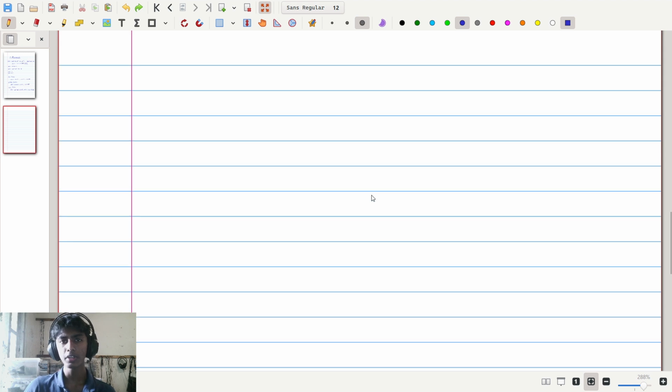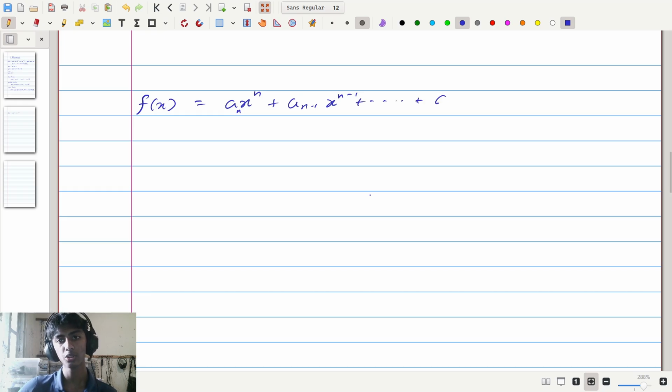Now before we continue, I would like to introduce a couple of terms in our terminology. When we have a polynomial function f(x) equal to a_n x to the n plus a_(n-1) x to the n minus 1, and so on, adding all of these down to a_1 x to the 1 plus a_0, these symbols, a_n, a_(n-1) all the way down to a_1 and a_0, are what we call the coefficients.